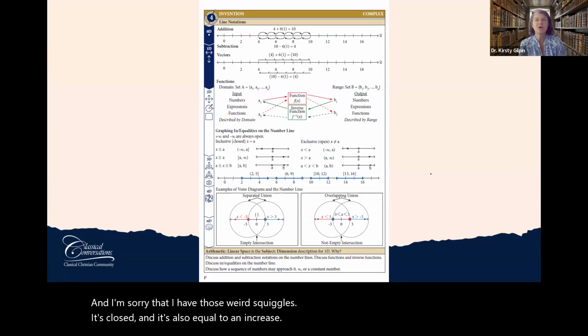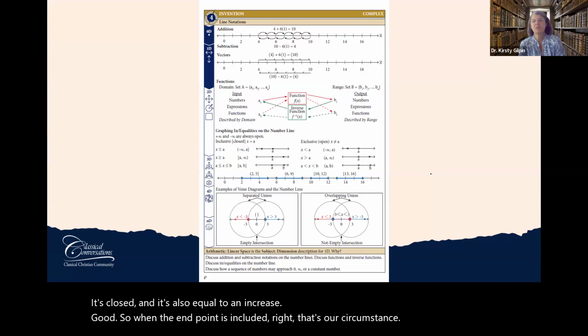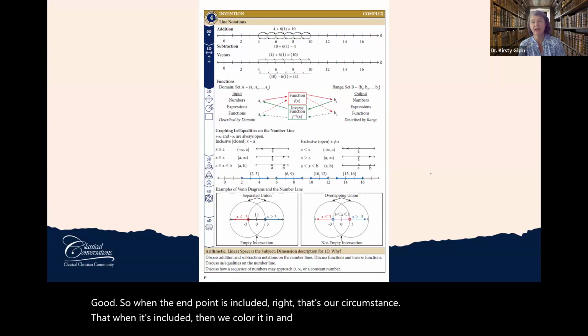Good. So when the endpoint is included, right, that's our circumstance. That when it's included, then we color it in. And if it's not included, then we don't color it in, right?